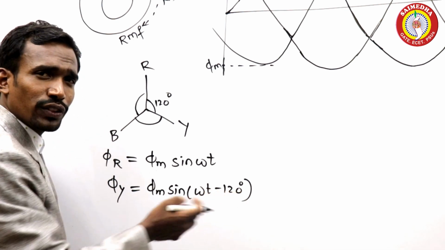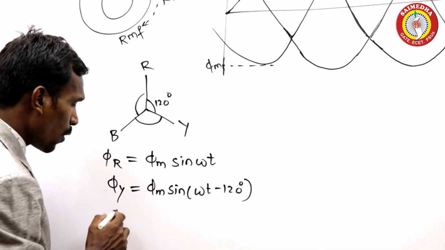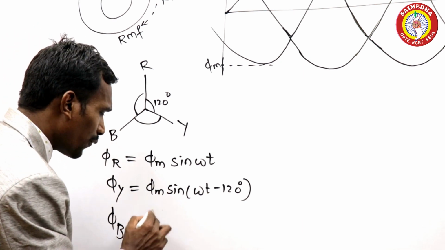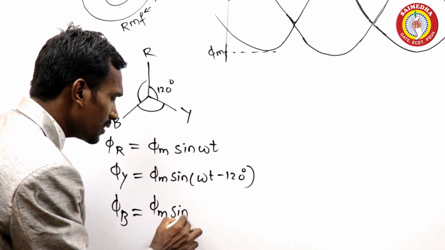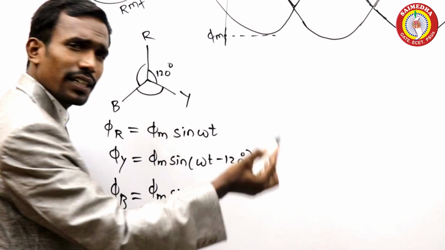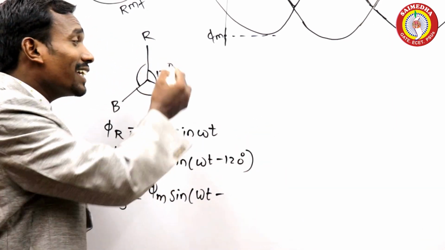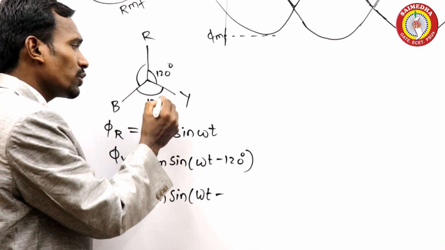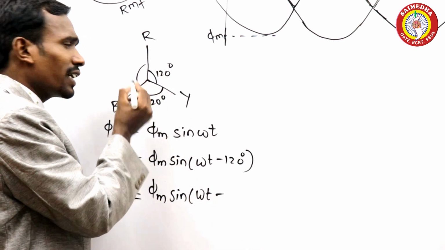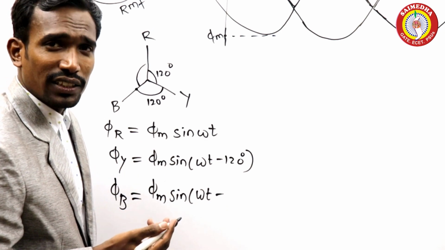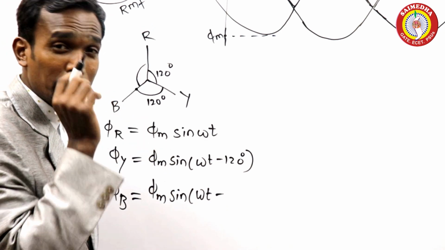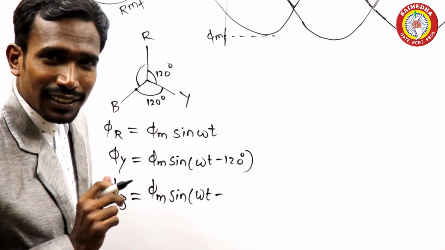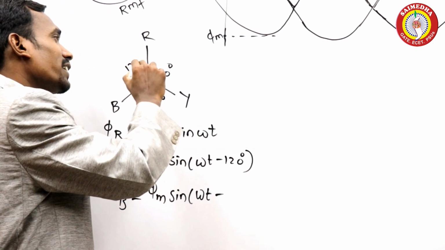What about the next phase? Phi B is equal to phi m sine (omega t minus 240 degrees), because this is 120 plus this is 120, finally 240 degrees up to here. But this minus 240 is also written as plus 120 degrees.